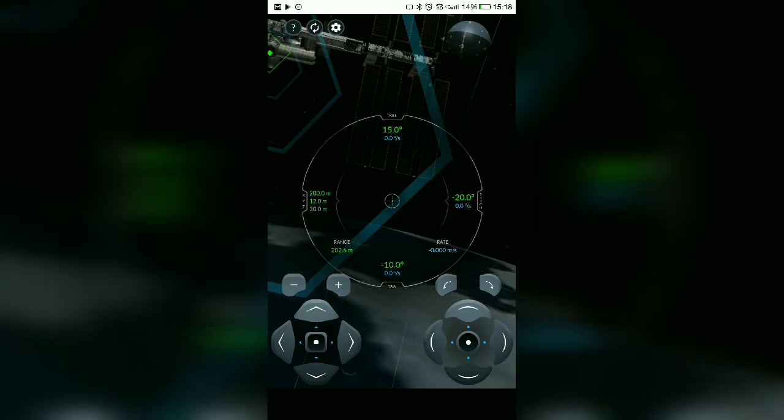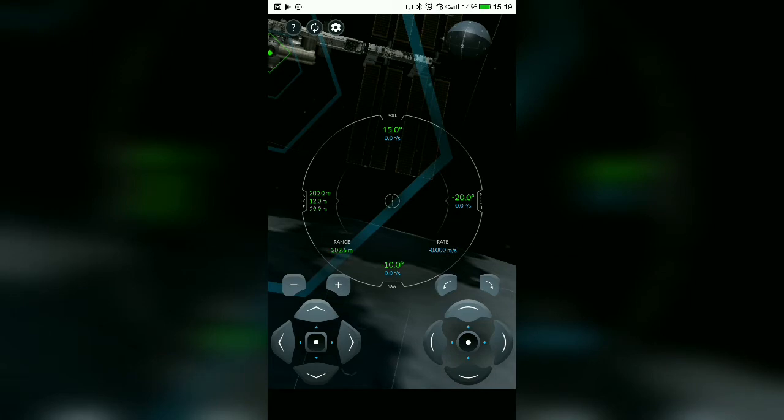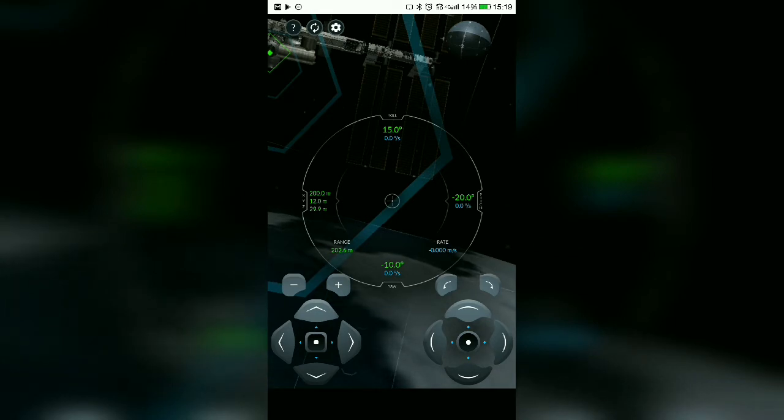That is shown inside the circle. There are different elements given inside the circle: the roll angle, the pitch angle, and the rate at which the vehicle is moving.